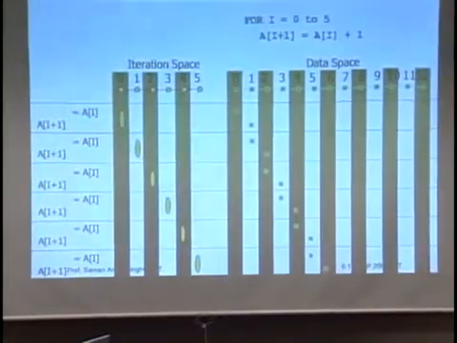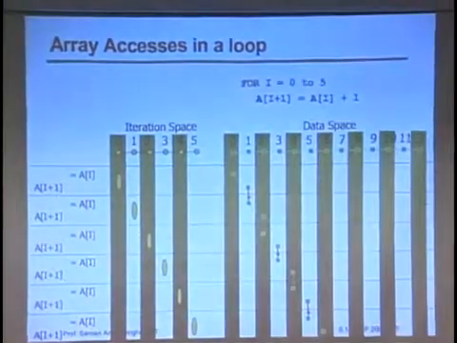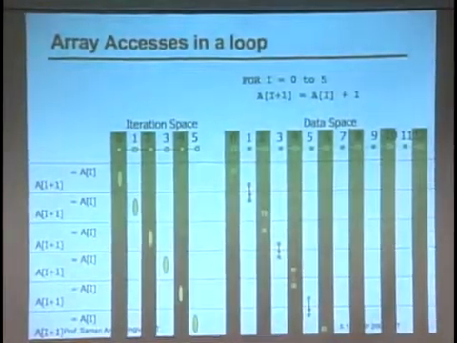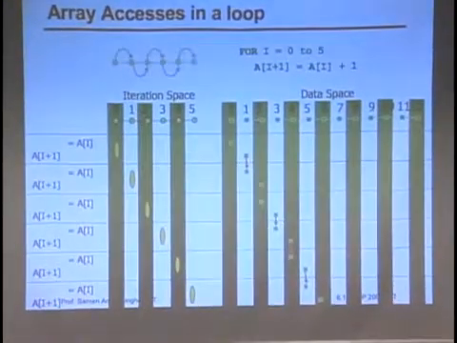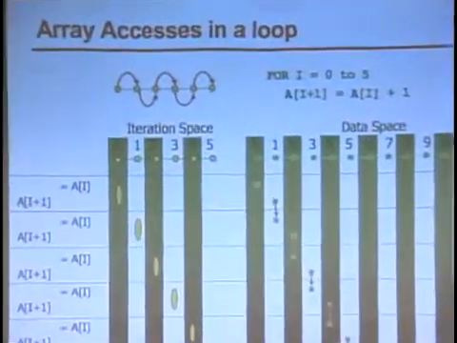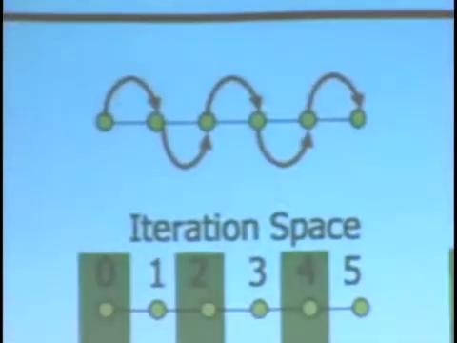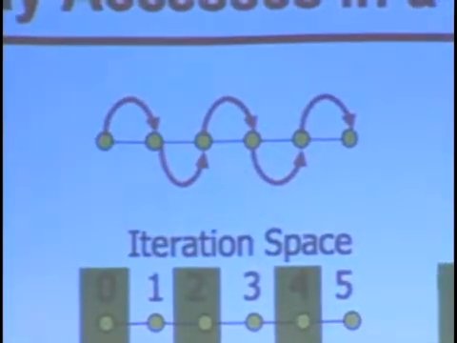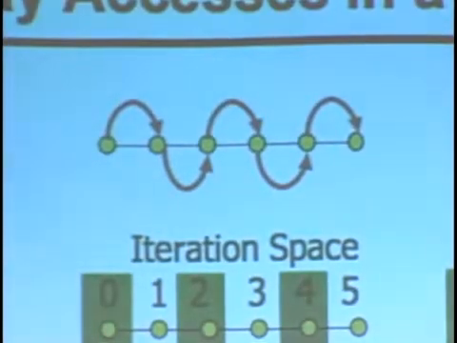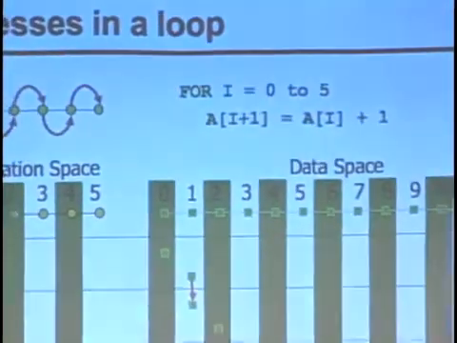Now your dependence is going like that. If you summarize, what you have is a dependence going like that in iteration space. This is a true dependence: iteration 1 uses something written in iteration 0, iteration 2 uses something written in iteration 1, and it goes like that.